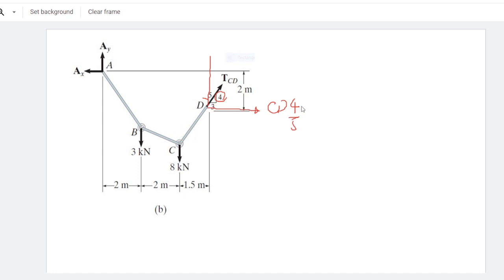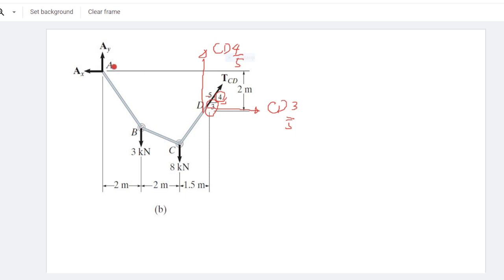No, this should be 3 over 5 because this is horizontal. Okay, 3 over 5, and this is vertical component. You have CD 4 and then 5. Take note that this is horizontal, we use 3 over 5.